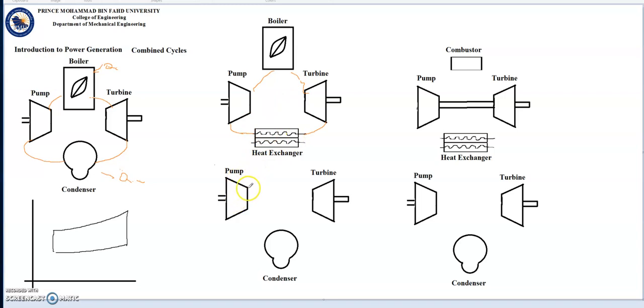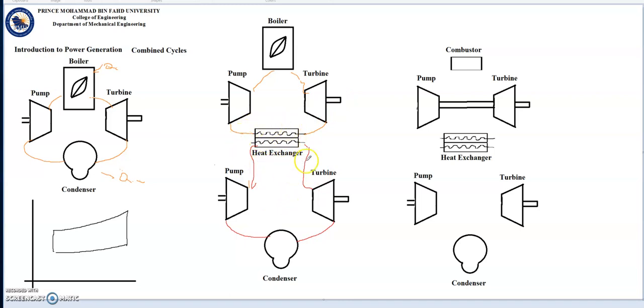So we have another pump pumping a different fluid, usually of lower boiling temperature, to the heat exchanger. So it takes the heat, changes phase, is sent to another turbine, then to another condenser, and then back to the second pump. So now we have two cycles.